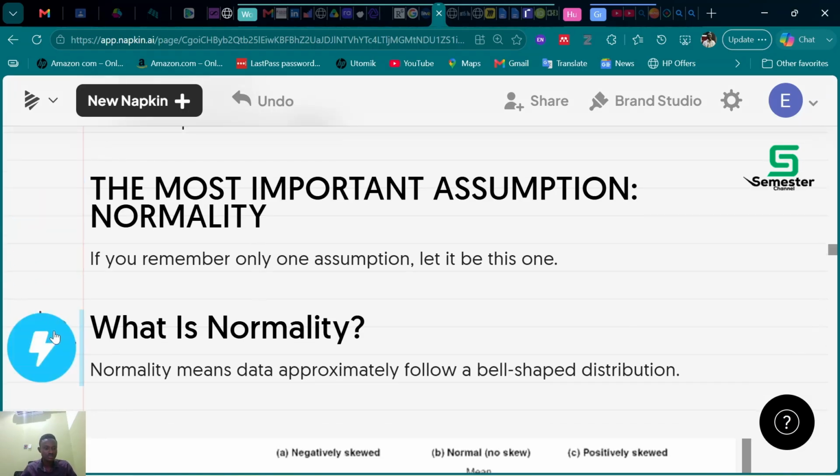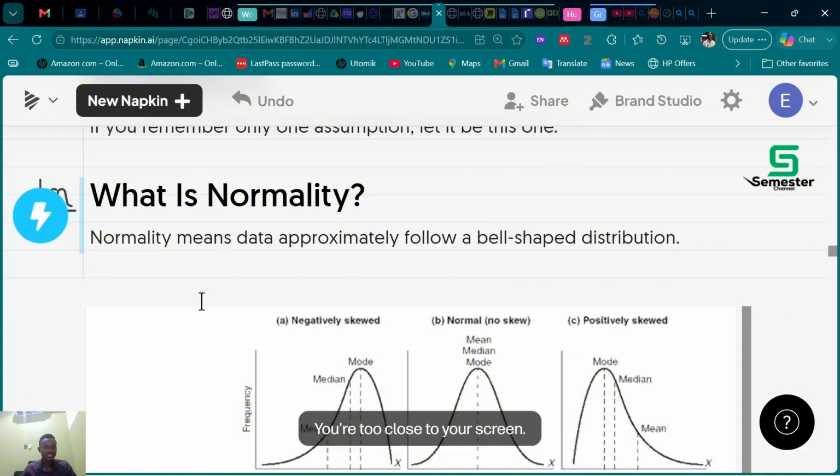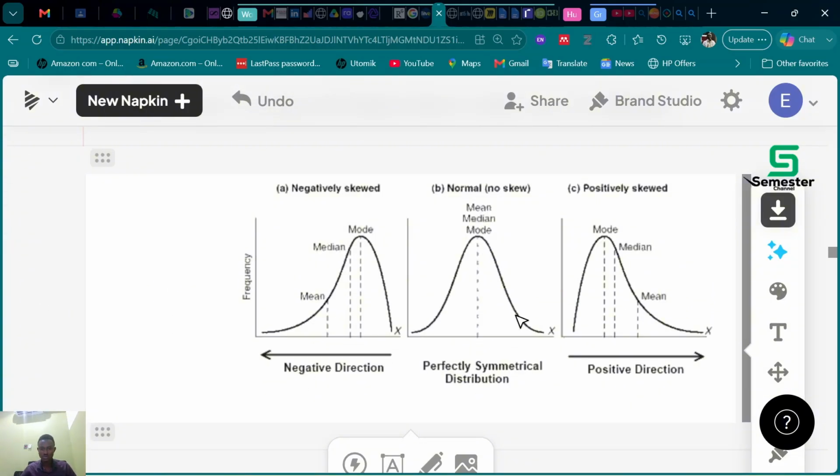Is it normally distributed like this? This is a normal distribution, where the mean is close to the apex of the dome shape, the median the same, the mode the same. Everything is in the middle, perfect symmetry.